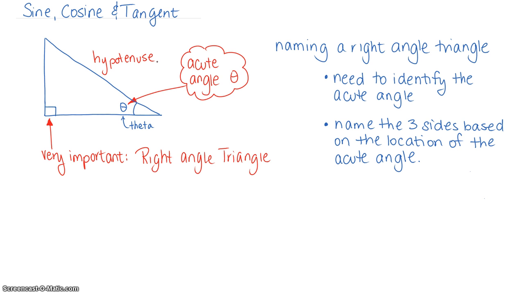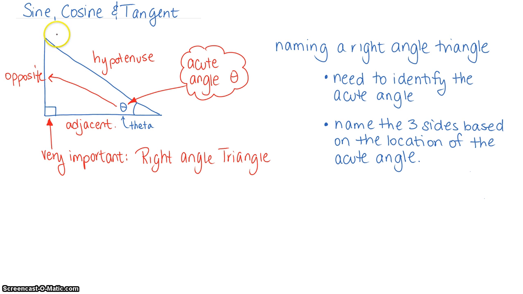What changes is based on this little angle. The side that is opposite the angle, over this side here, the one that is not touching, this is referred to as the opposite. The one that is touching the angle, the side that touches the angle that is not the hypotenuse, is referred to as your adjacent.